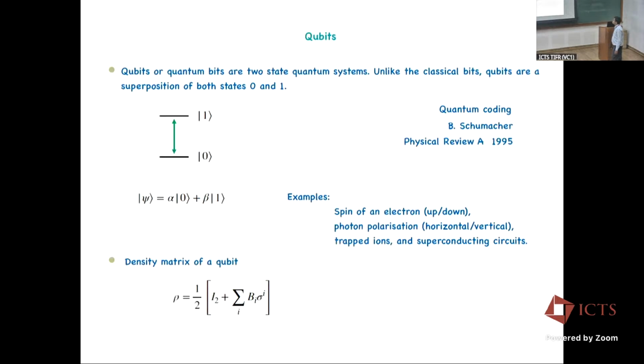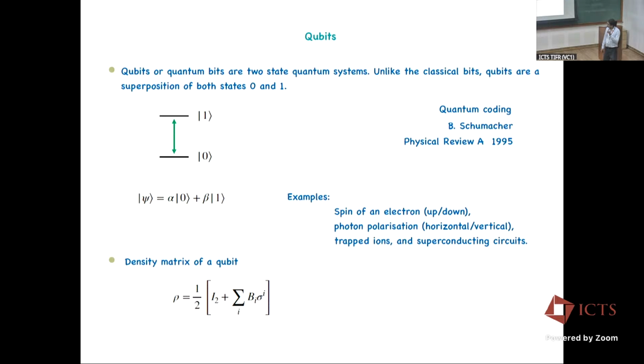Moving on to qubits. Qubits, or quantum bits, are a two-level system, and we all know they are the basic ingredients of quantum computation and quantum information science.